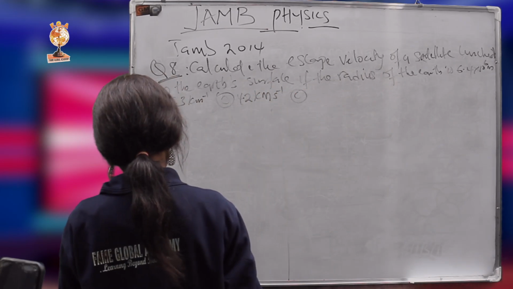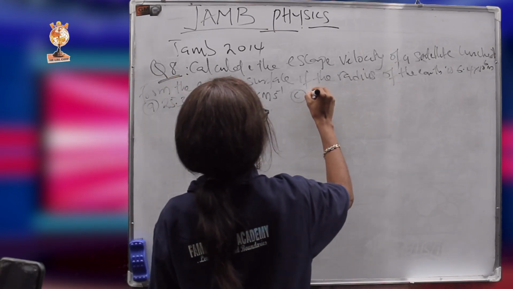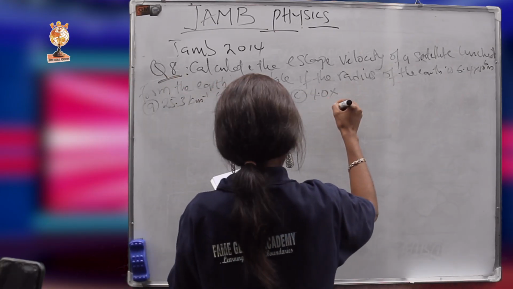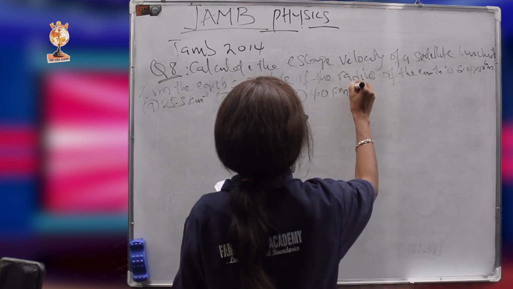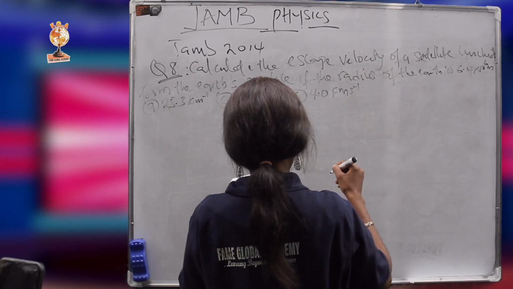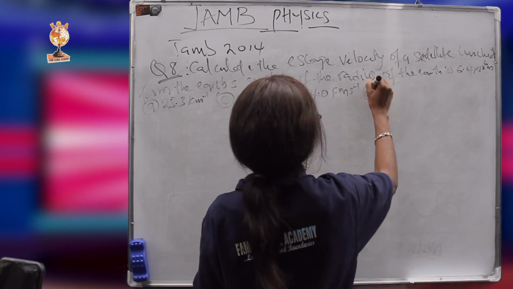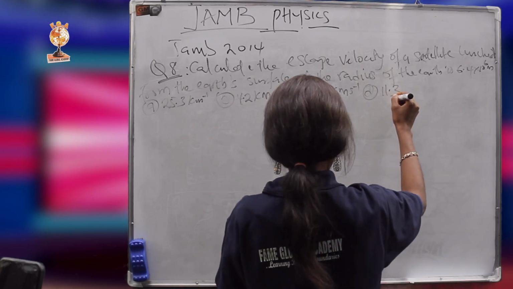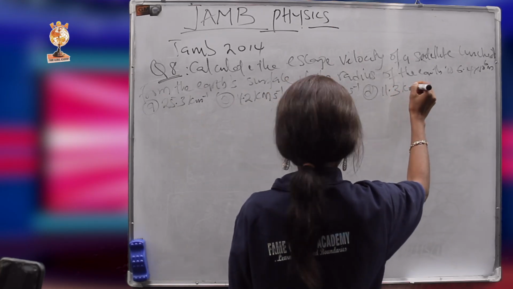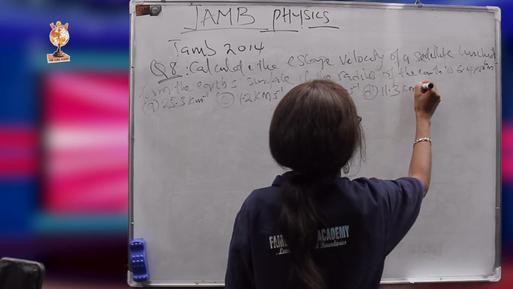Then C we have 4.0 kilometers per second. And then D we have 113 kilometers per second.